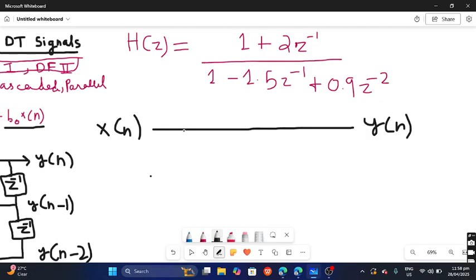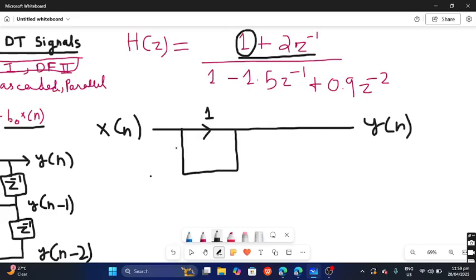In DF1 we draw zeros. Make a box. See how many delays are in zeros. There is only one delay. So the number of delays is equal to the number of boxes, and always place this constant here.